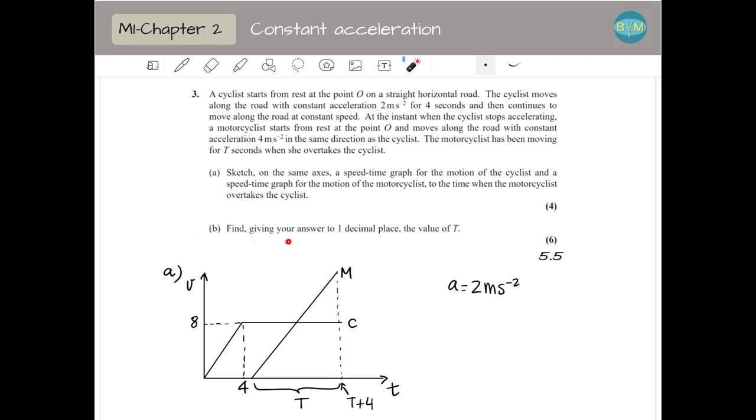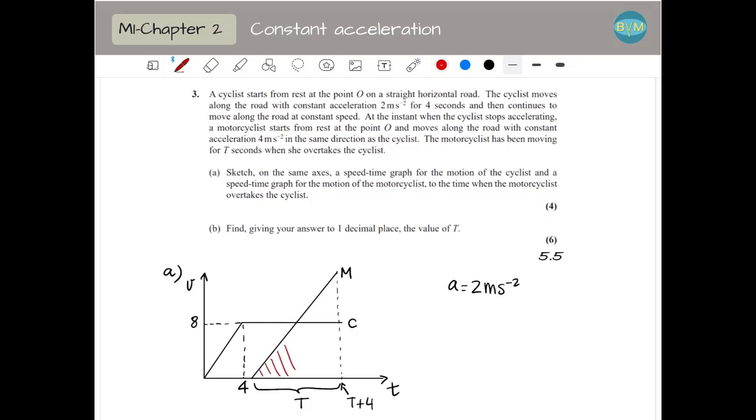The second part says find, giving your answer to one decimal place, the value of t. What do we know to find the time that they have been moving? We don't really know many things. What we know, and always keep that in mind when you are working with velocity time graphs, because it's very likely that you need to use that knowledge, is that the area under both graphs must be the same, because the distance that both have moved is the same, right?